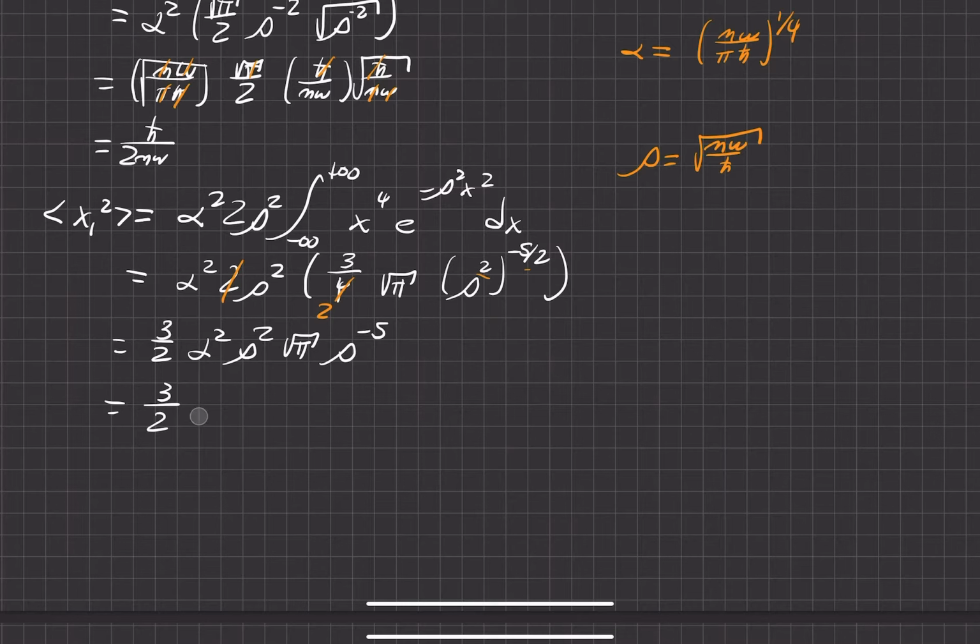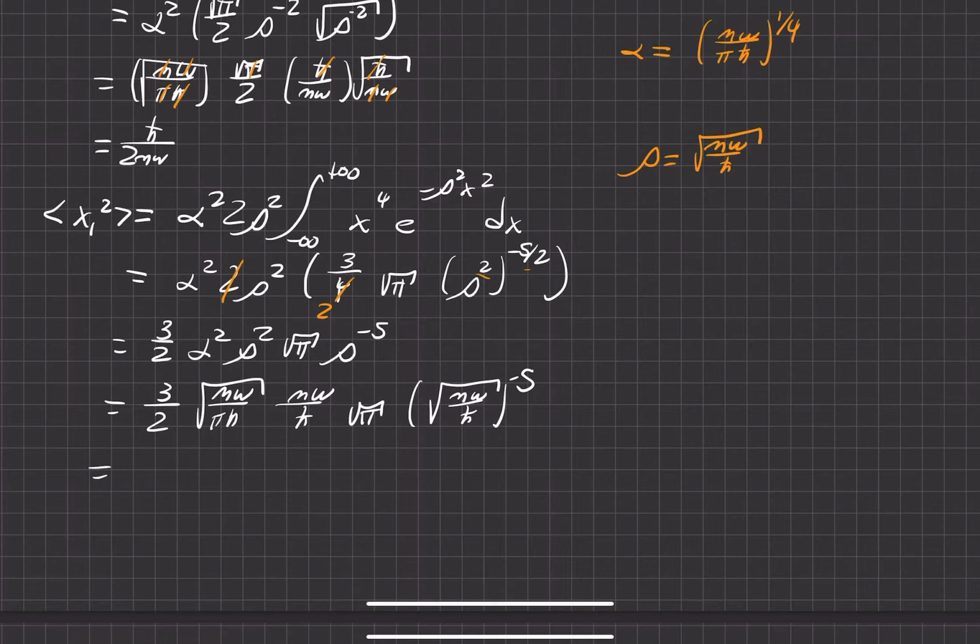So that actually is m omega over pi h bar. Then times our rho squared, which is just m omega over h bar. We have our square root of pi here. And then finally, square root of m omega over h bar to the -5th.